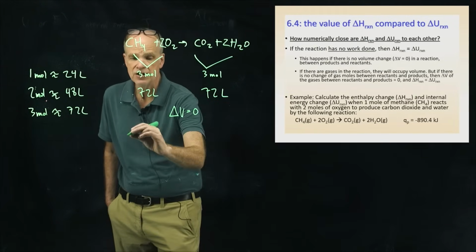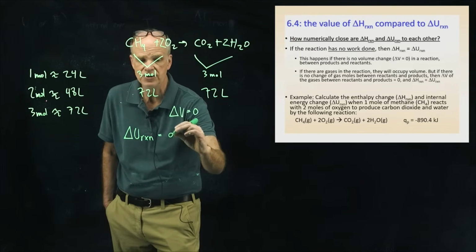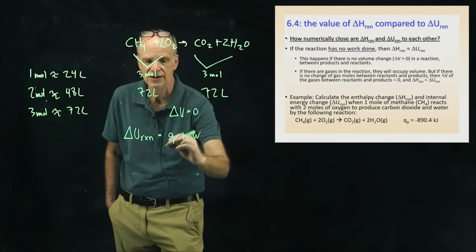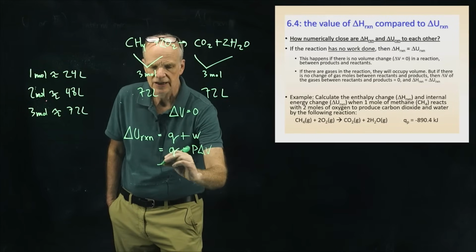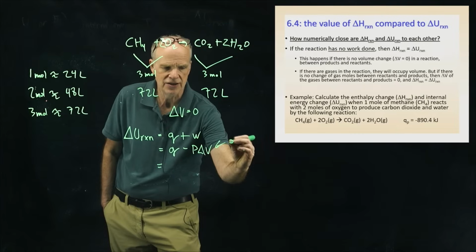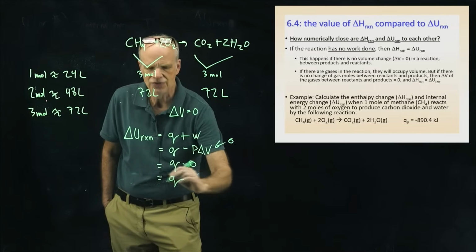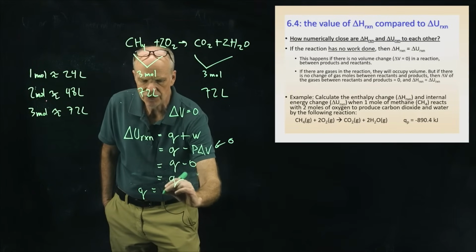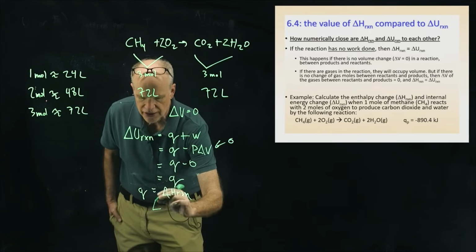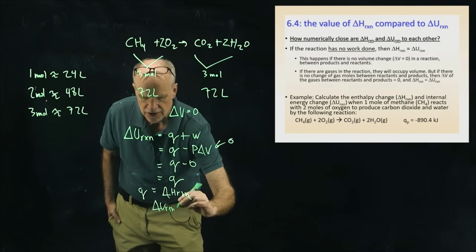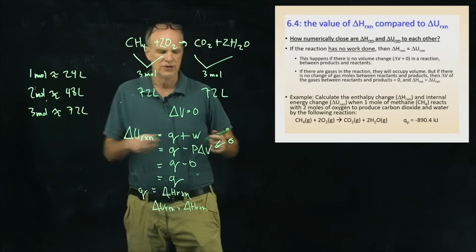The internal energy change of the reaction is equal to Q plus work, which is equal to Q minus P delta V. Since delta V is 0, it's Q minus 0, so it's equal to Q. You've already learned that Q is equal to delta H of the reaction. So you might expect that the internal energy change of the reaction is equal to the enthalpy change of the reaction. Okay, so let's move on.